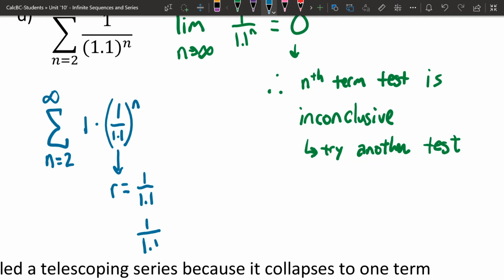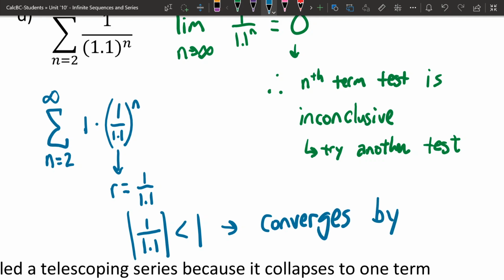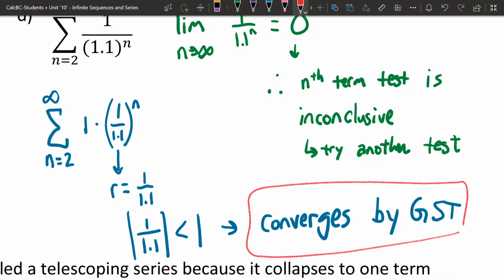One over a bigger number is going to be less than 1. So what does that tell us? That tells us that it's going to converge. So it converges by GST. We weren't asked to find what it converges to, so we'll leave it at that.